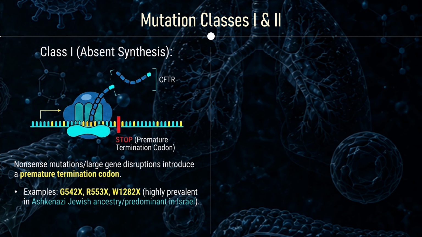Common examples include G542X, R553X, and W1282X. The W1282X mutation is particularly prevalent among individuals of Ashkenazi Jewish ancestry and represents one of the predominant cystic fibrosis genotypes encountered in Israel.